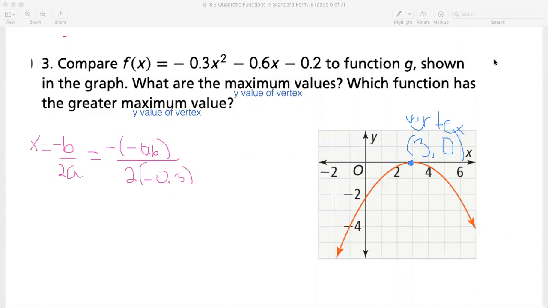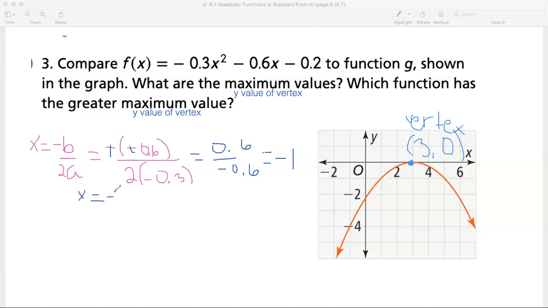I'm going to clean up my negatives here because there's a lot. So 2 negatives make a positive, and then this would become 0.6 over negative 0.6. Ooh, this makes me happy because that turns into a negative 1. Phew. I was a little afraid because it was looking ugly. So x is negative 1.